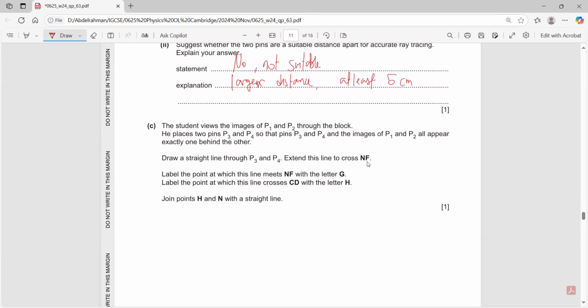Student views the image of P1, P2. Draw a straight line through P3 and P4. Extend this line to cross NF.